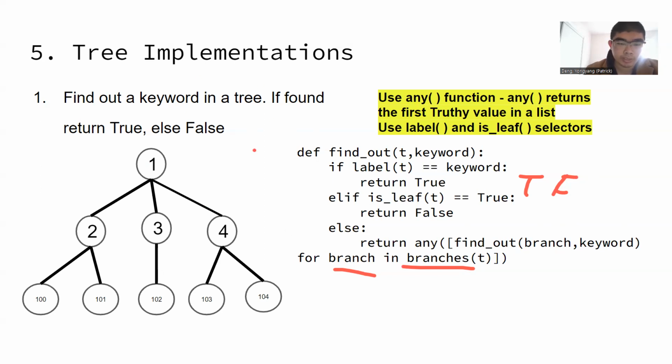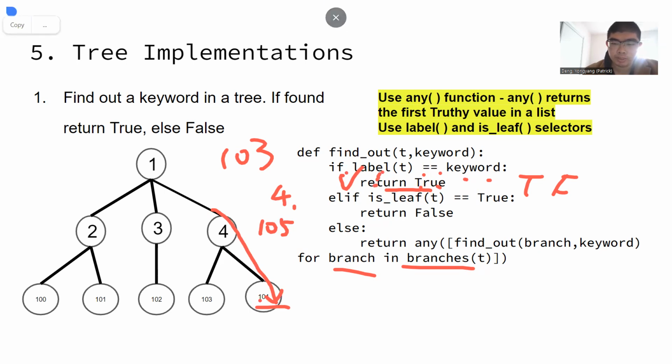So as I say, for 103 here, at the bottom of the recursion, for the base case, this is true, so I will just return true. And also for 105, suppose I'm traveling here at 104, and if label t is keyword, return true.